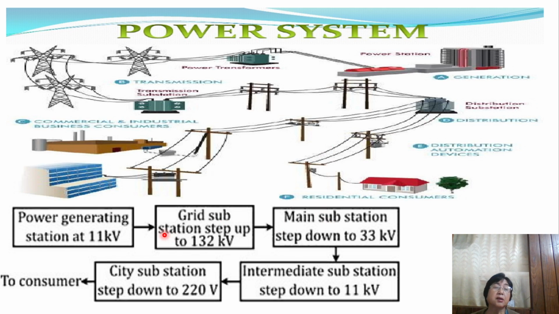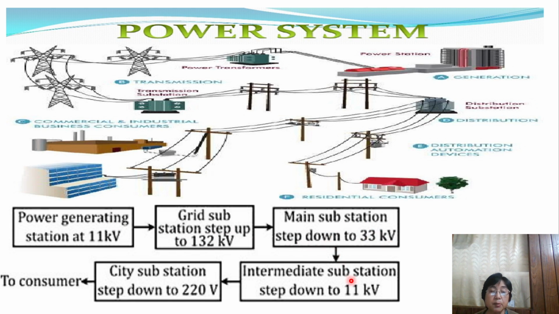If you look at these steps, it will be much easier with the help of these. Generating power station at 11 kilovolts. Then we have the grid substation at the generating power station where it will be stepped up to 132 kilovolts. Then it will come to the main substation where it will be stepped down to 33 kilovolts.